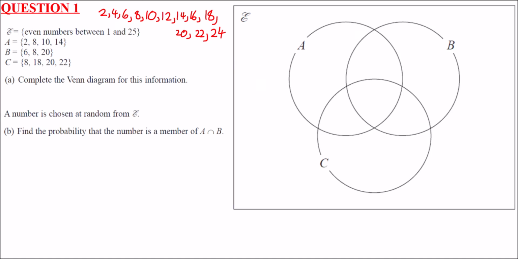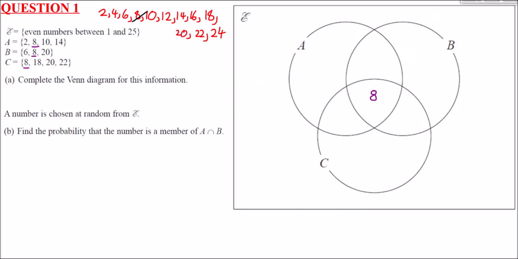Okay, so for example, let's think about which numbers appear in both A, B and C. So in A, B and C we've got 8, because you can see 8 exists in both A, B and C. So for this 8, we put 8 in the middle here because 8 appears in each region. So because of that, we can now cross off 8 because we included 8 in the right place. So let's just scrub off 8, then we can move on and think about the rest.